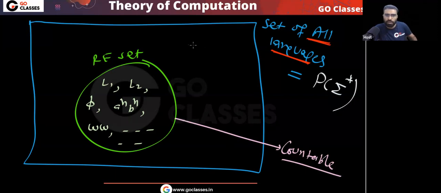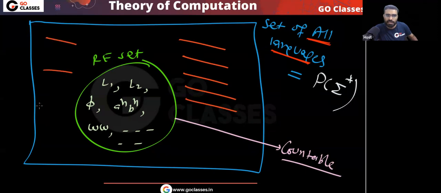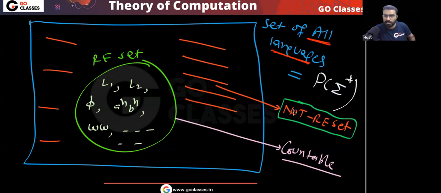But this is your set of not RE languages. This area is the not RE set. And this not RE set is uncountable. Is this clear?